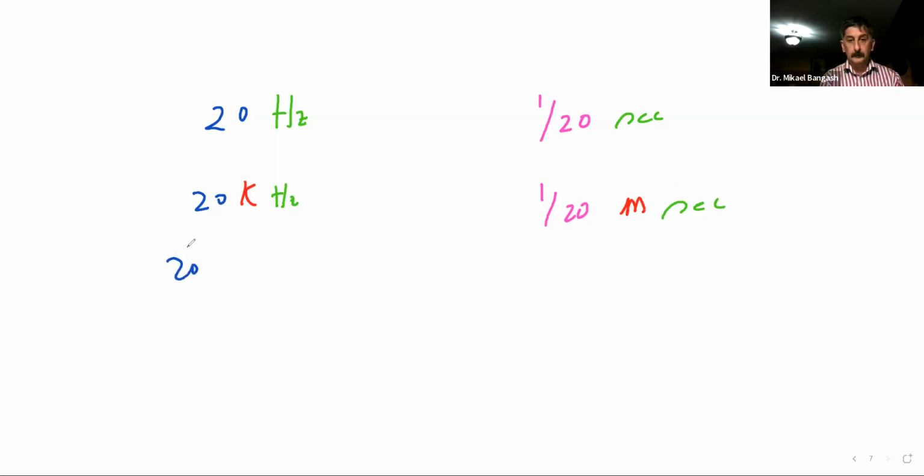Whereas if we say 20 and go to megahertz, the reciprocal of 20 is still 1/20, but the reciprocal unit of hertz is seconds. Since we now go mega, this is going to be micro.